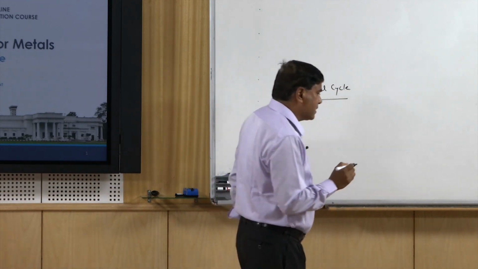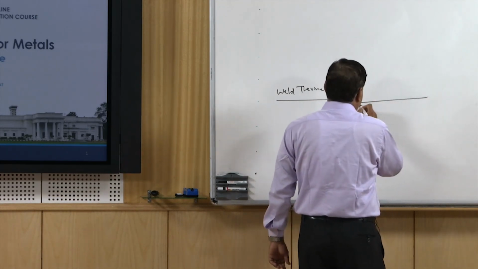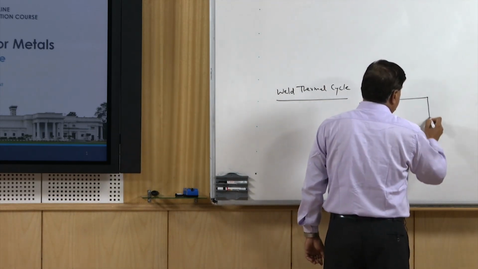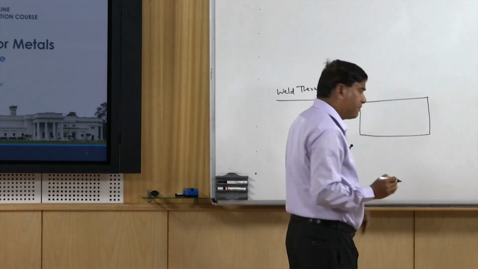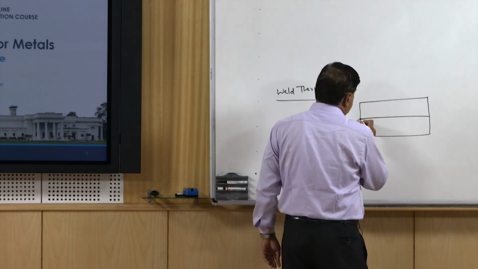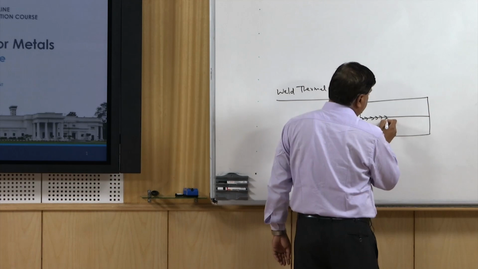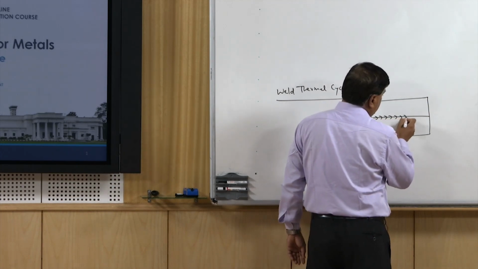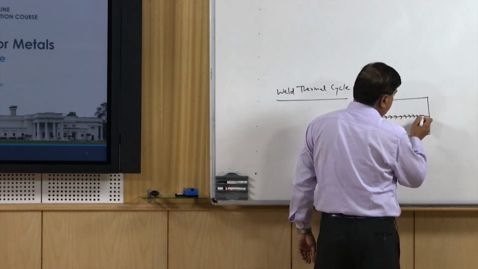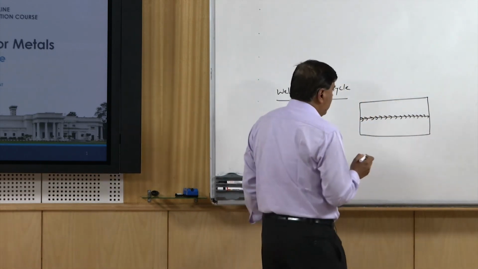Whether it is fusion welding or resistance welding, wherever external heat is supplied for the purpose of softening the metal, like in fusion welding, the weld is made like this by applying heat through an arc or through a flame.